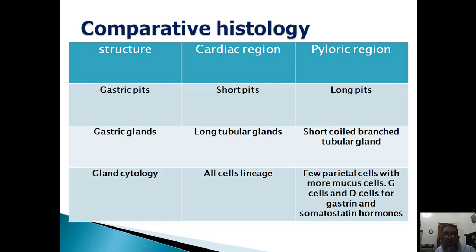Gland cytology: in the cardiac region all cell lineages, all types of cells, will be visible. But in the pyloric region, more specifically, there are few parietal cells and more mucous cells; G cells and D cells, for gastrin and somatostatin hormones, are more prominent.